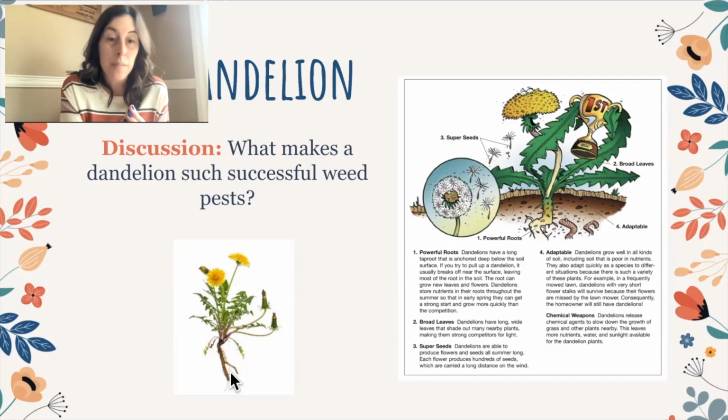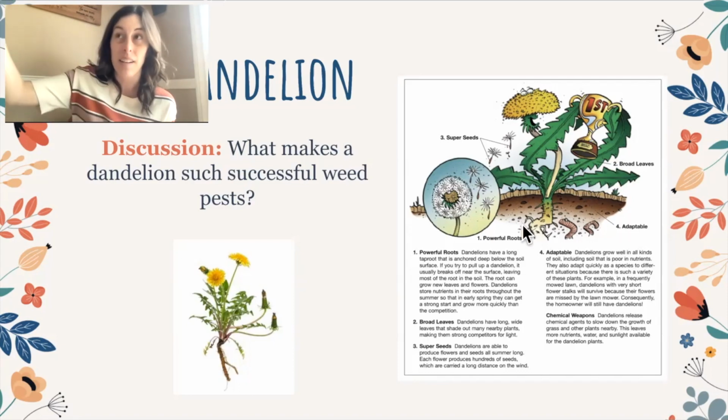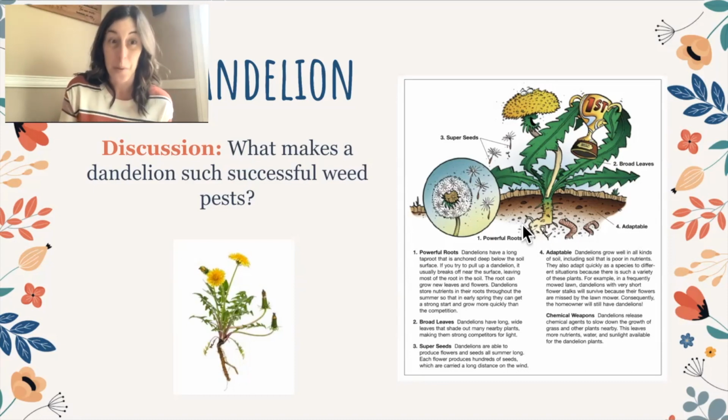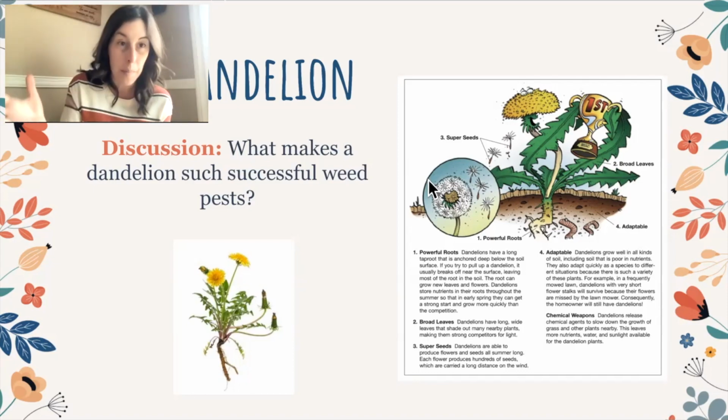They're super strong. They have really broad leaves. So they have really strong leaves that are nice and big. They shade out. They take a lot of sun, causing shade on nearby plants, which is another reason they're a pest. They're taking the light. They have super seeds. In dandelions, they start yellow, but then eventually as they age and go through their life cycle, their seeds become the type that you can blow.